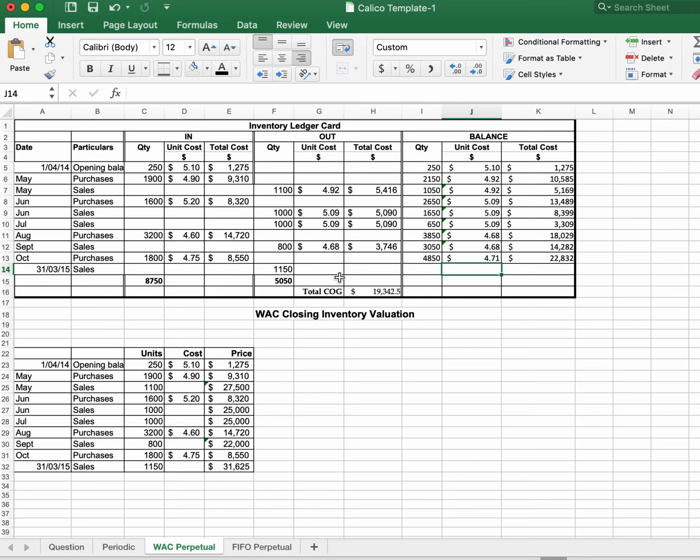All right. One more transaction. It's a sale. So the sale is cost. That's the cost of goods sold. There you've got the total cost of our goods sold for the period.